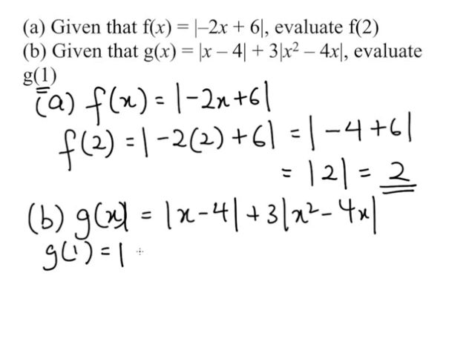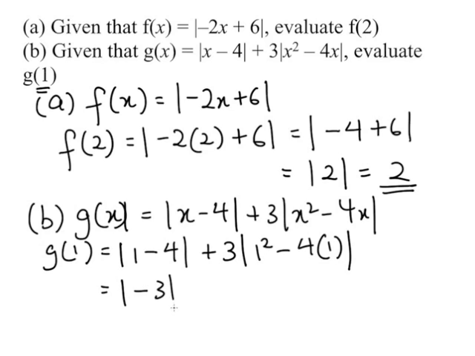So that becomes the absolute value of 1 minus 4, plus 3 times the absolute value of 1 squared minus 4 times 1. This will give us -3 inside the modulus function, plus 3 times the absolute value of 1 minus 4.